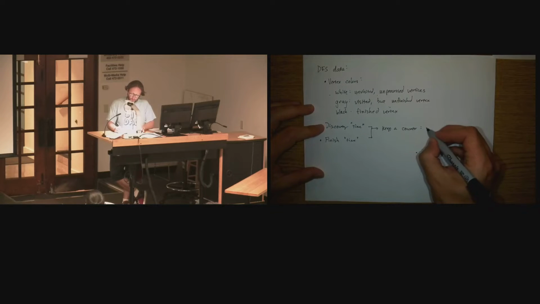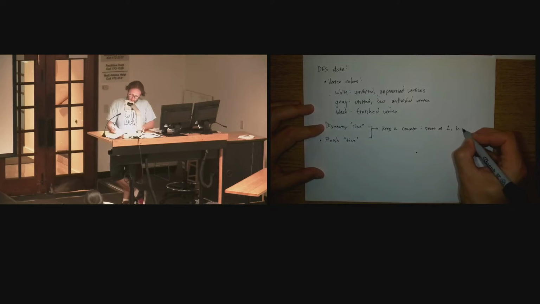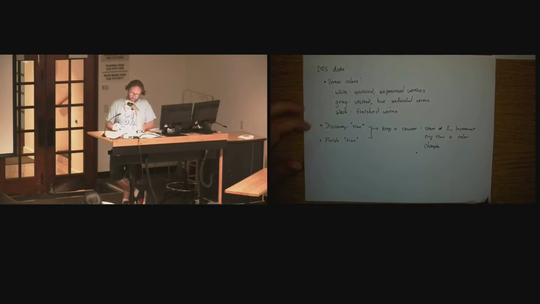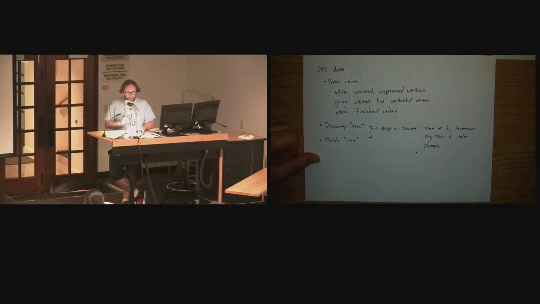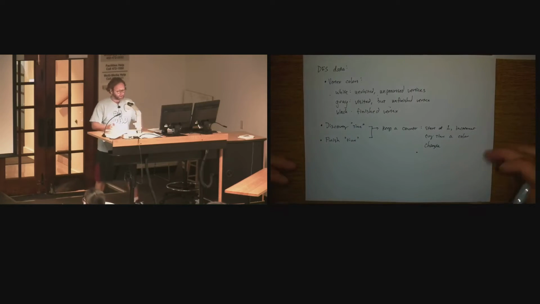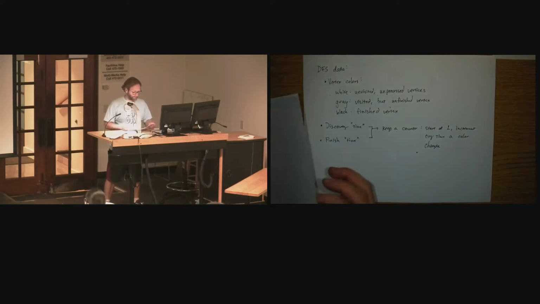We'll start it at 1 and increment it every time a color changes. Then we're going to stamp that vertex that we just changed from white to gray and then to black with that timestamp, and we're going to see what that gives us. Okay? So that's our DFS data that we're going to keep track of here.